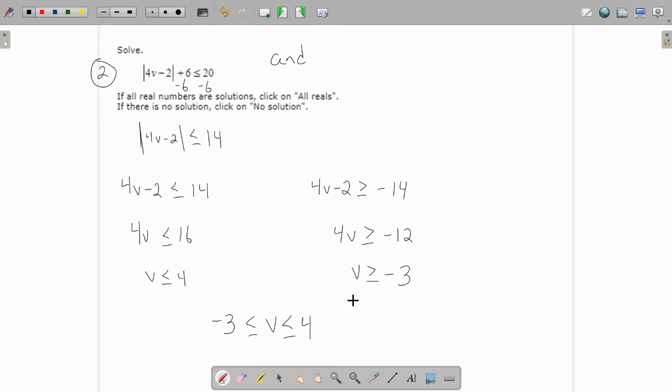This is the same thing as greater than or equal to negative 3, less than or equal to 4, negative 3 to 4. Just write it in order and use less than symbols. And this is the and problem when we start with the less than or equal to. That tells us and. Okay. Maybe Alex will accept this and this. I'm not sure. When I look at the answer, this is what it shows me.